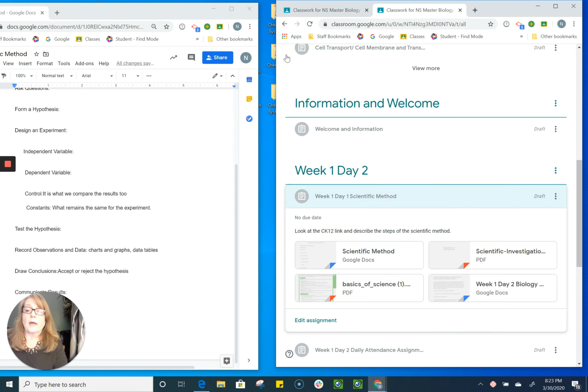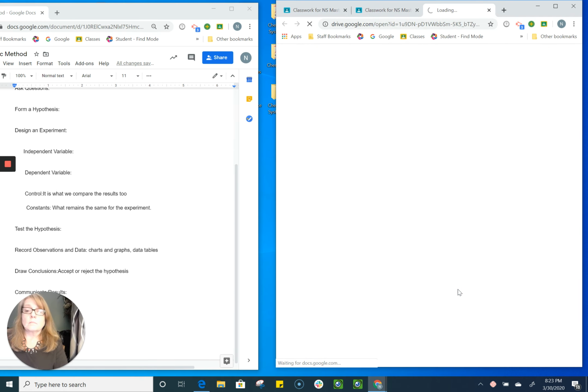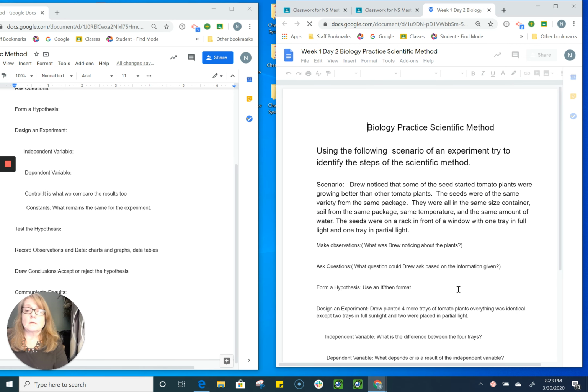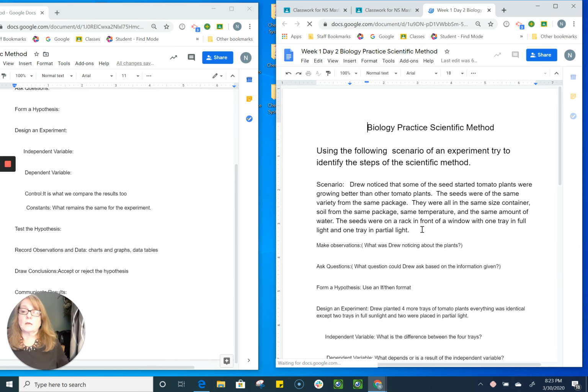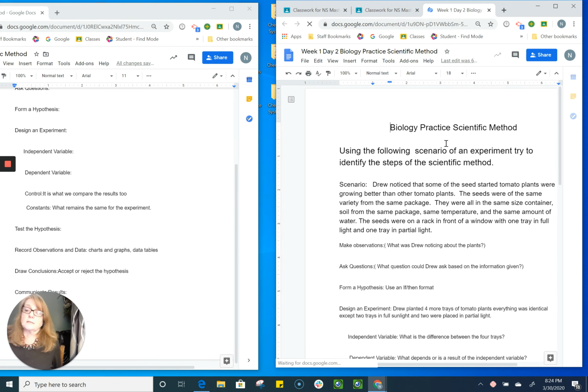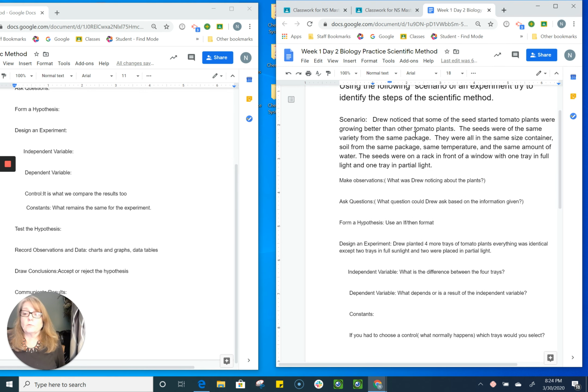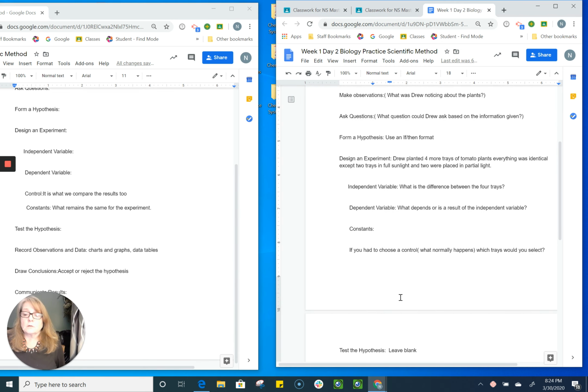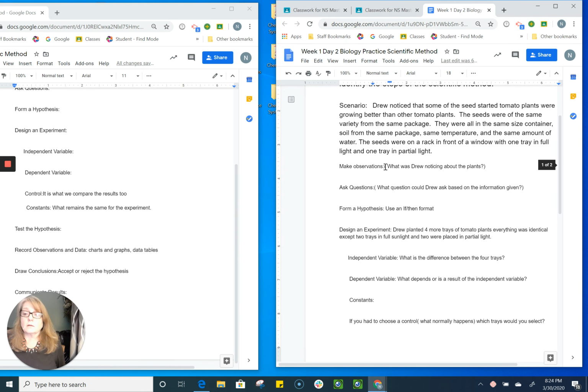I'm going to go back, and then right here is a practice scientific method worksheet. I want you to go through and fill this out, these types of questions, based upon this lab I'm describing right here.